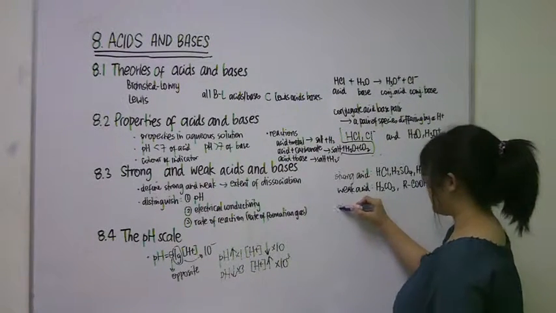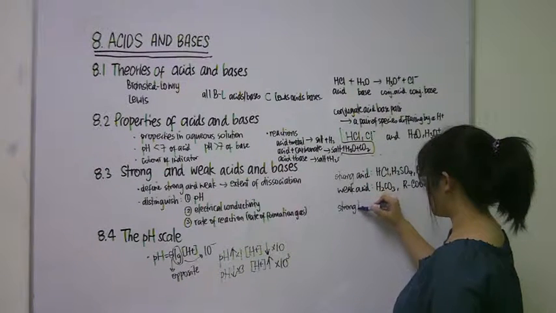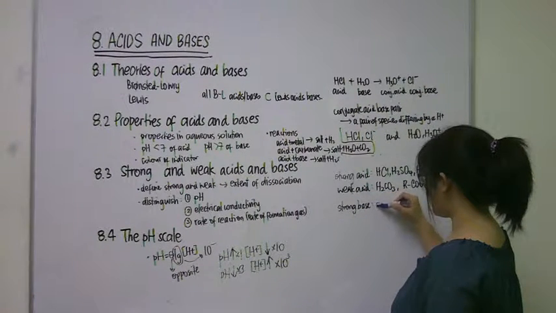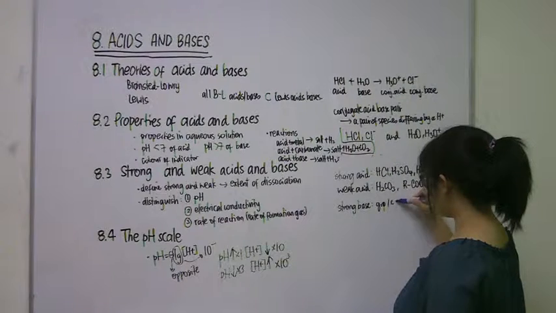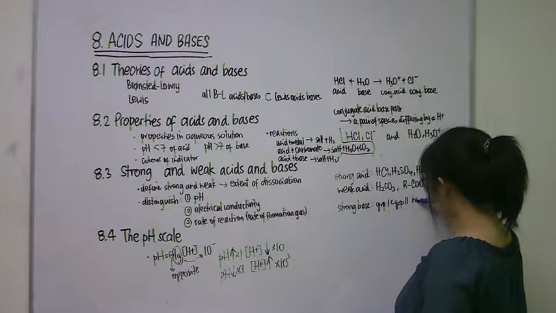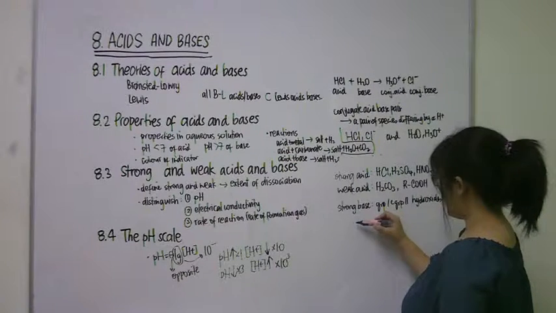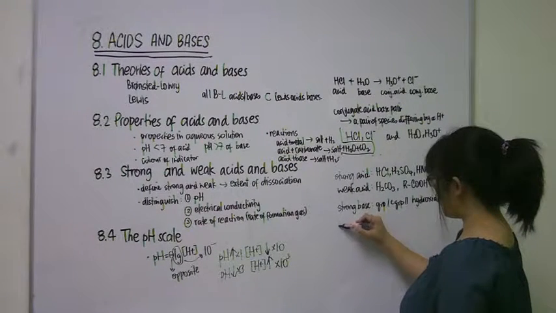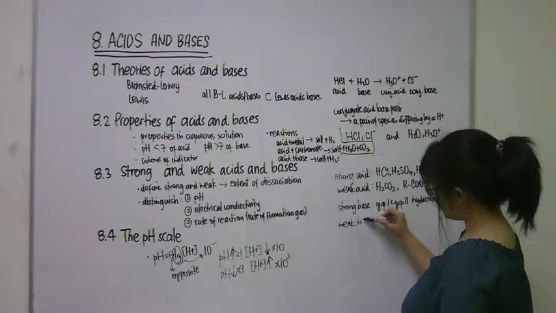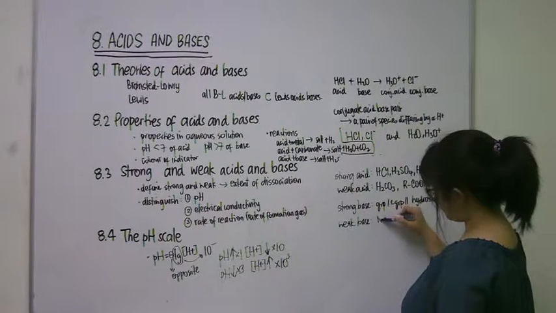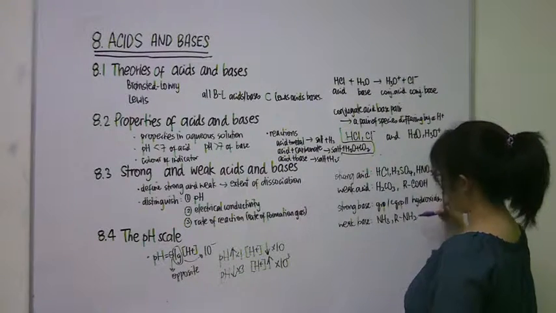For strong base, it will be group 1 and group 2 hydroxides. And for weak base, it is ammonia and anything with an amine group.